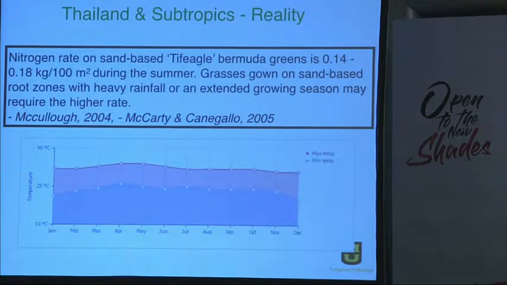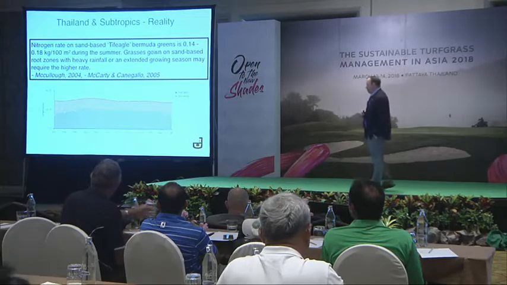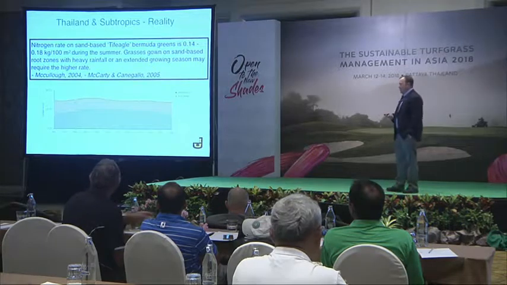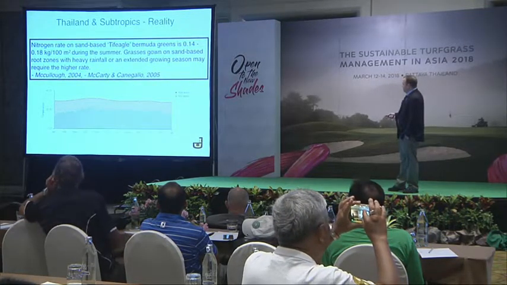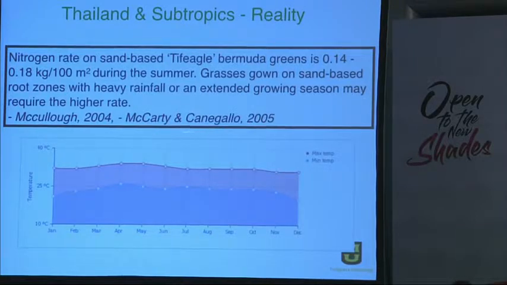When we look also at some of the research on how much to fertilize, McCullough and particularly McCarty and Canigallo wrote an article in 2005 looking at what this nitrogen rate is. So 0.14 to 0.18 kilograms per 100 meters squared during the summer.